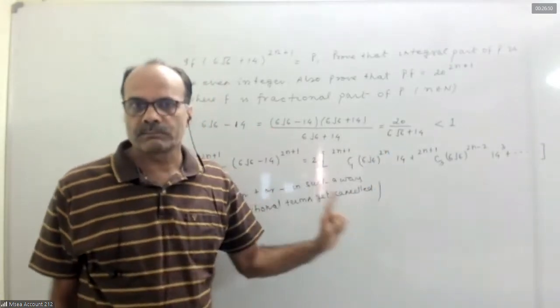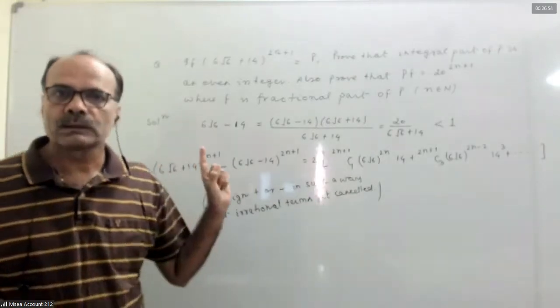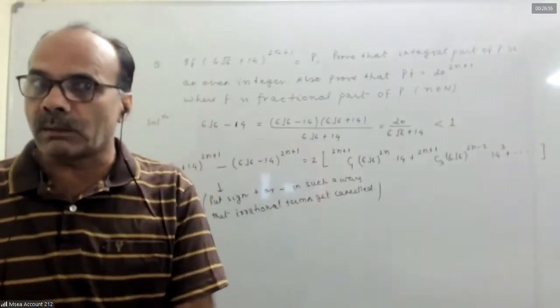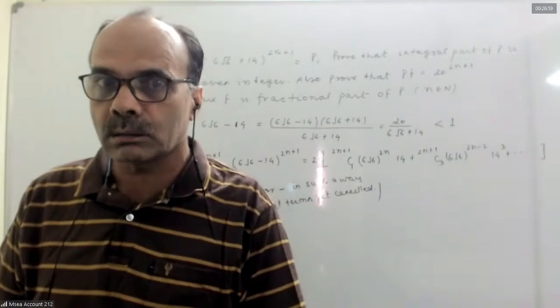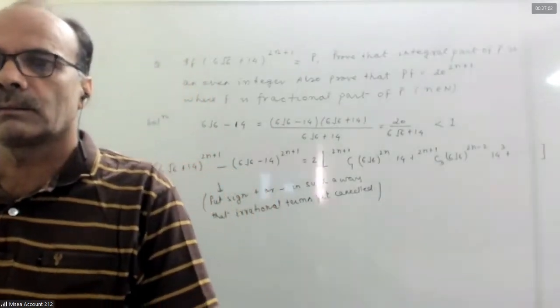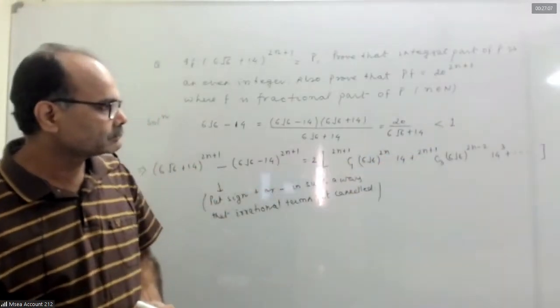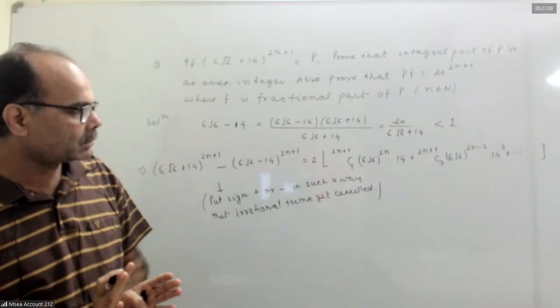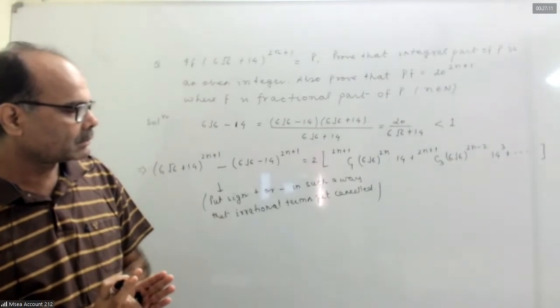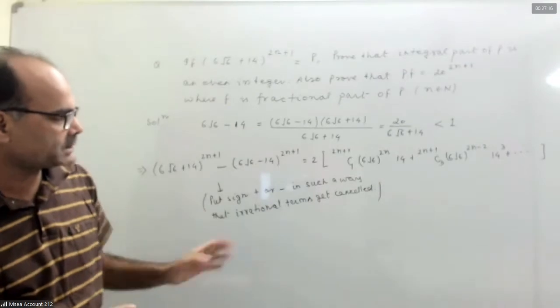That's it. If you take plus sign, the first term will be added, and in that case the power of the irrational term will be odd, so the resultant number will be irrational. Is it clear? Any doubt? No, sir. It is an easy thing.